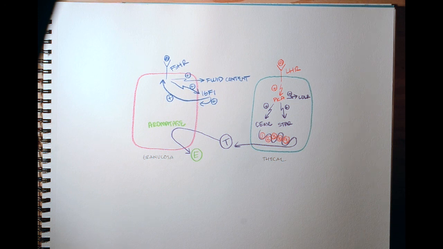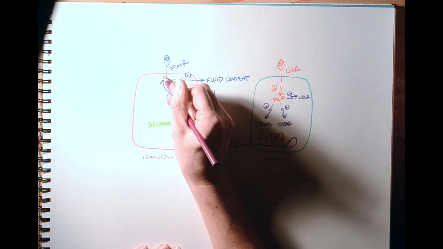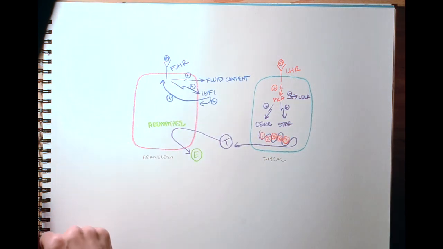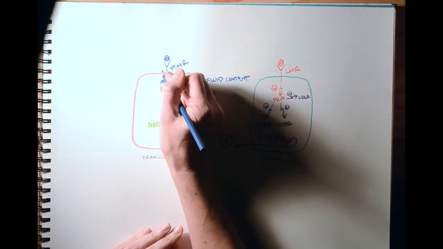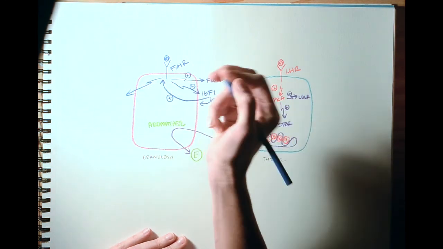All right, so one of the last things that I want to discuss today is essentially one more protein hormone that's going to be released from the granulosa cell, and that's also in response to FSH receptor activation. This is a product called inhibin.